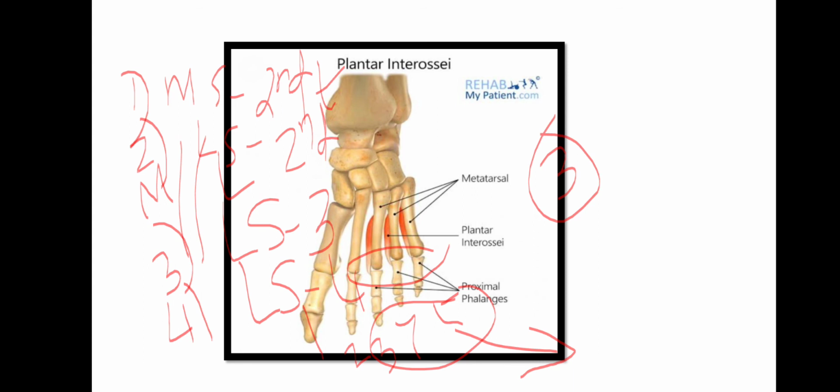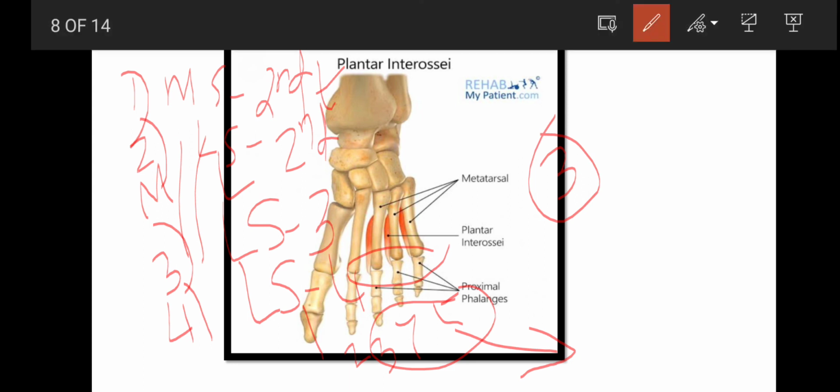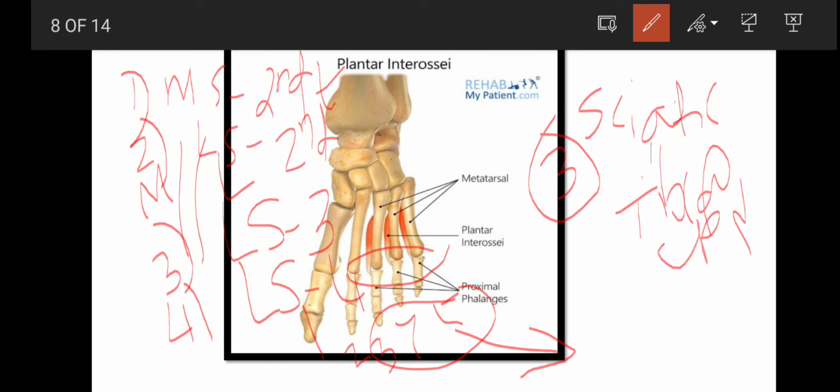Now coming to one more thing, that is the nerve supply. Regarding the first layer, it is supplied by medial plantar nerve. As you all know, the sciatic nerve divides into tibial and common peroneal nerve. The tibial nerve again divides into medial plantar nerve and lateral plantar nerve.